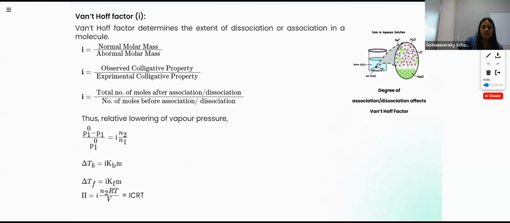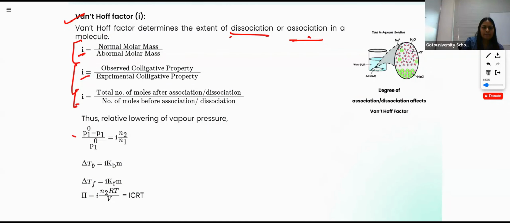This change taking place in the molar mass by association and dissociation can be calculated by using the i factor, or van't Hoff factor.